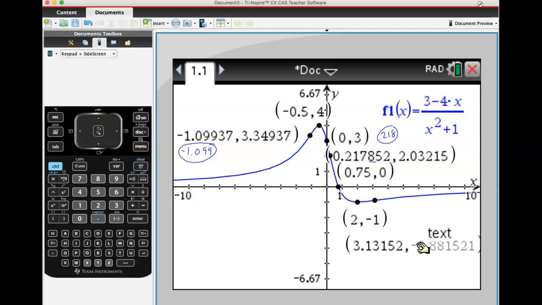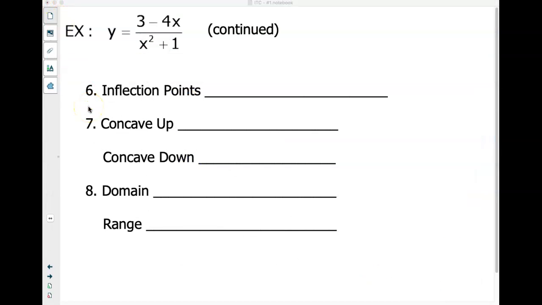And then here, that's going to make me round that up, 3.132, when I'm writing those intervals. I take a screenshot, but you have those on your calculator, hopefully, so that when I come back here, I can write my inflection points down, the whole point.